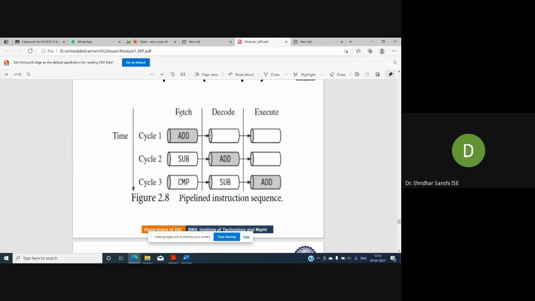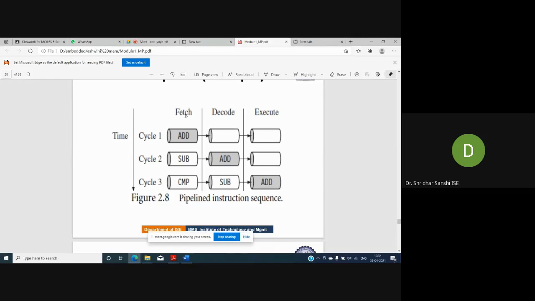In this case, we are talking about registers because we are talking about an embedded microcontroller. The instruction has to be fetched, decoded and finally executed. So in the first cycle, it will fetch the instruction.